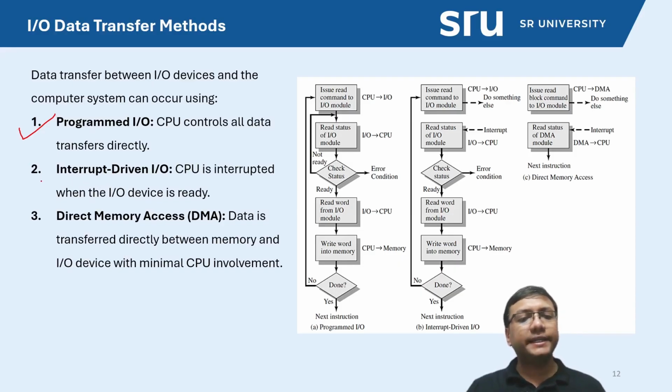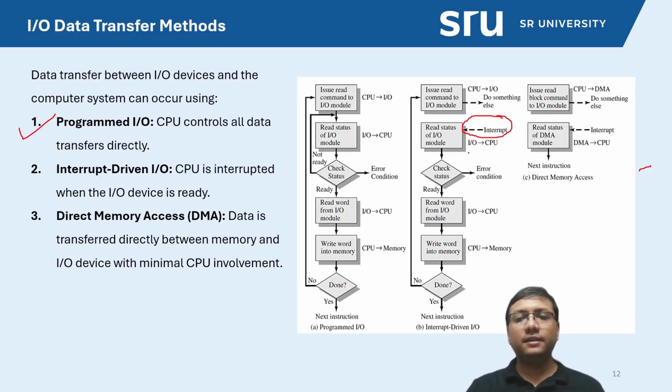Second is called interrupt driven IO. It means CPU is not engaged all the time with the IO devices. Whenever any IO device wants to communicate with CPU, it sends one interrupt signal. This is called interrupt request.